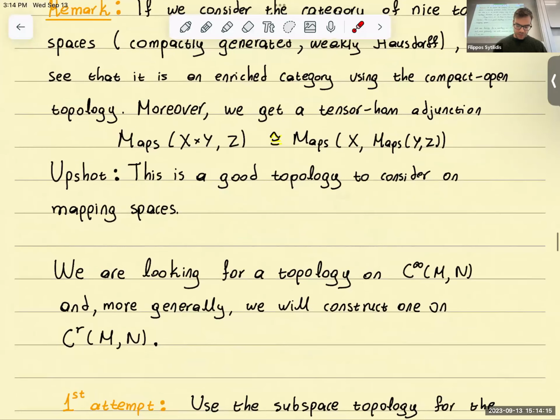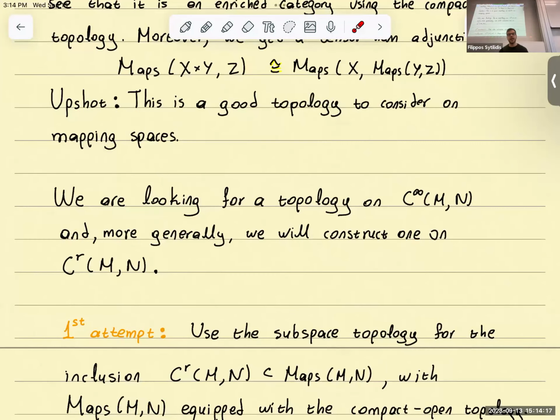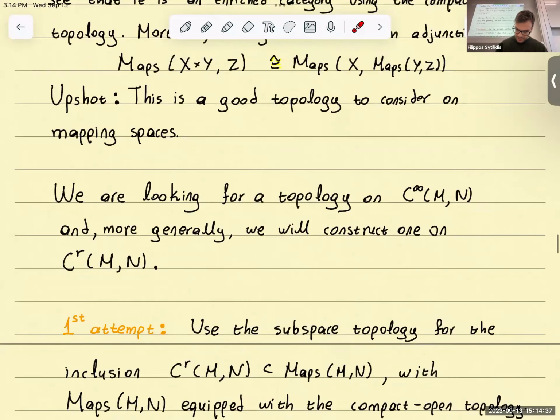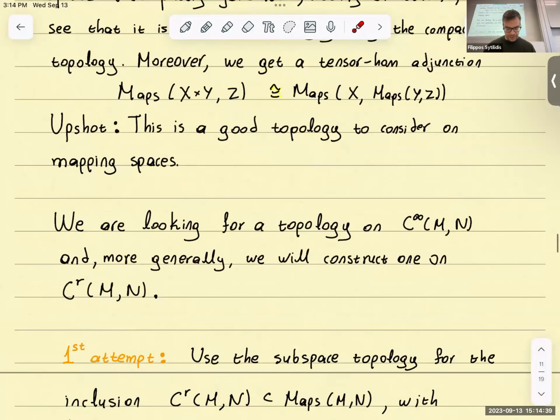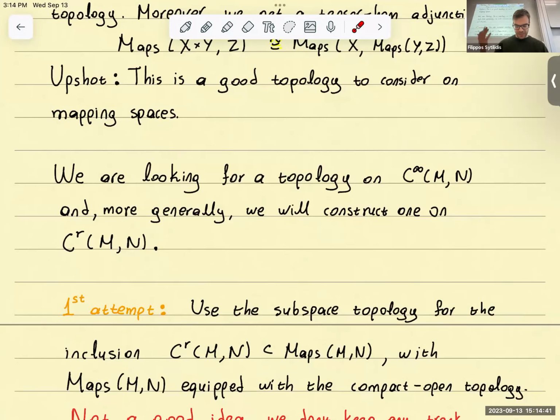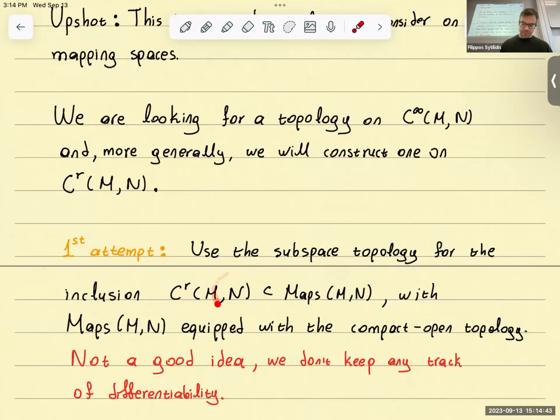And well, we want to construct a topology on C-infinity of M, N, and more generally on C^r of M, N. By C^r, I just mean the space of functions from M to N that are differentiable up to order r. So they're not smooth, but we can take up to order r derivatives. What can I do? One first naive attempt is to use a subspace topology.